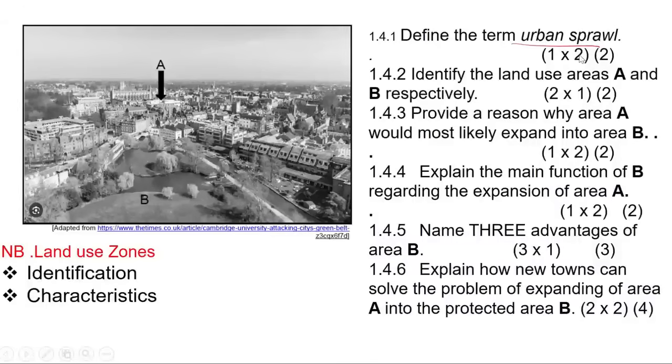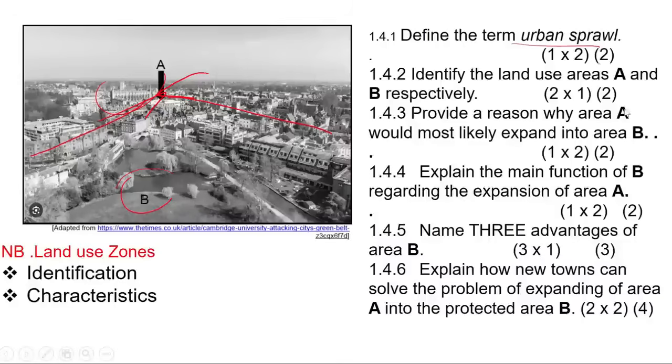Identify land use areas A and B respectively. So what do you see there? For the fact that A is in the center, it is going to be the CBD, and also because of the tall buildings there. That's the CBD. And then what do you see here? The land use area B. As you're looking at it, this will be your green belts.